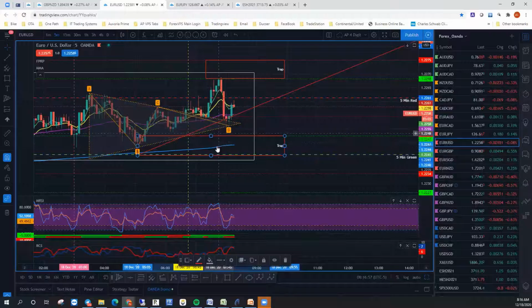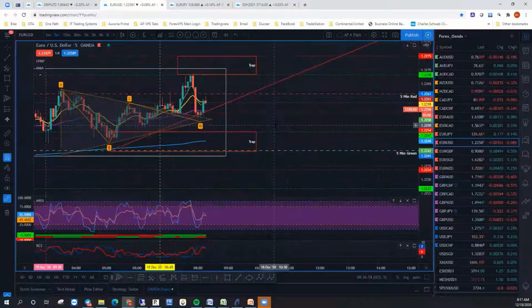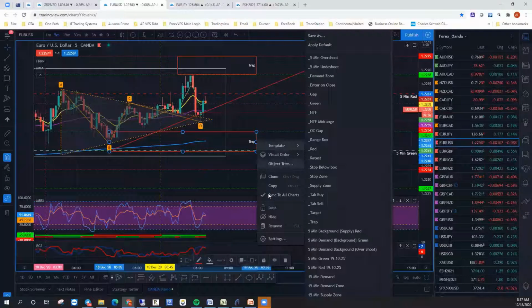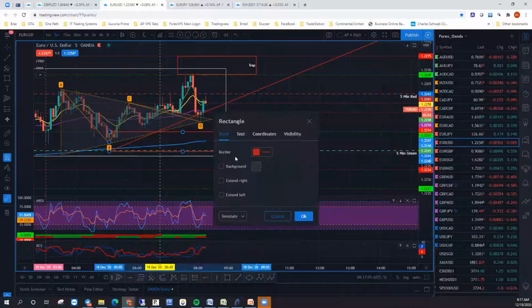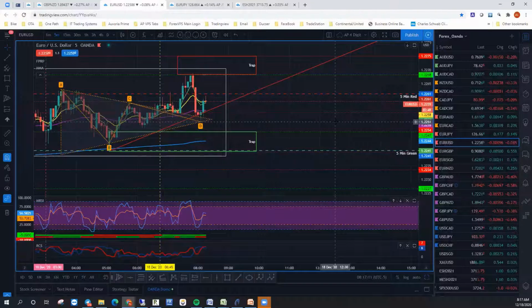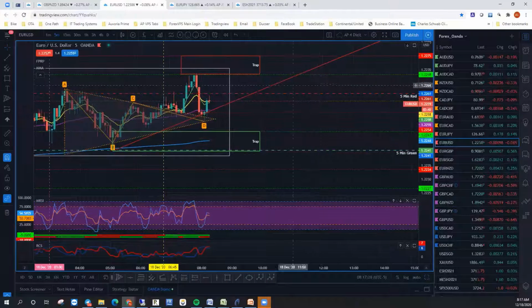Right now, this area is a pretty fresh trap, and I would be looking at this one to go long. Until then, we sit on our hands and do nothing but watch it and learn from it.